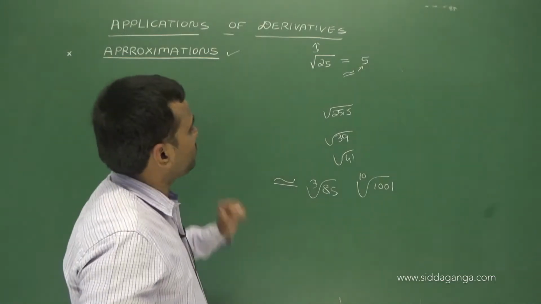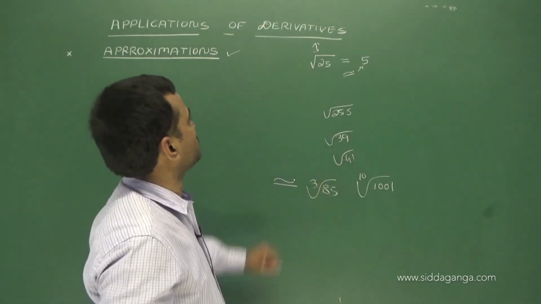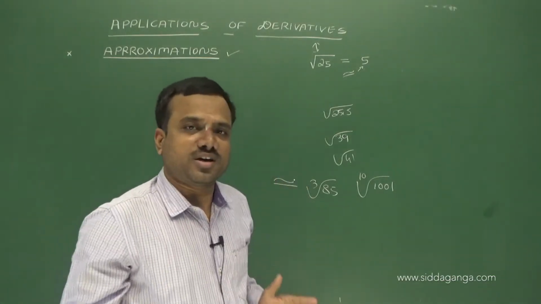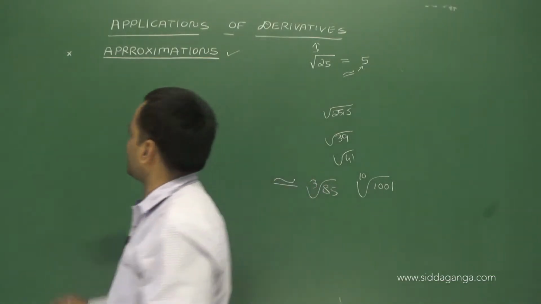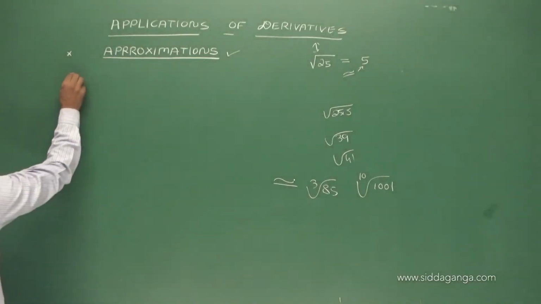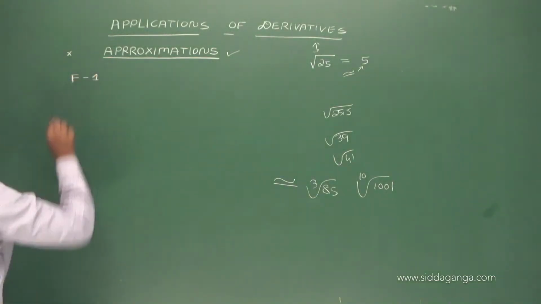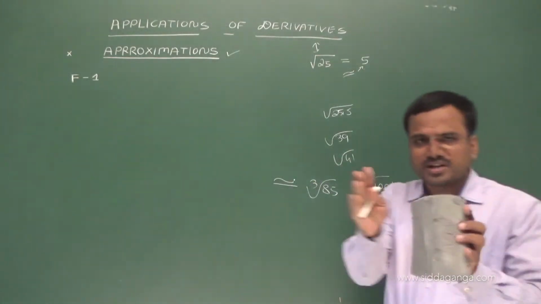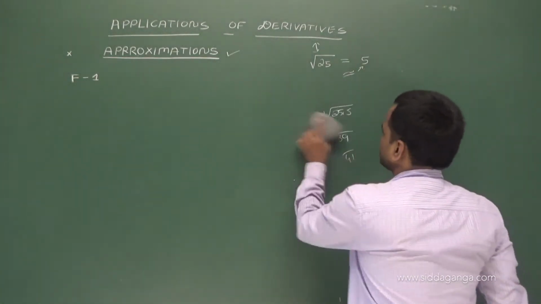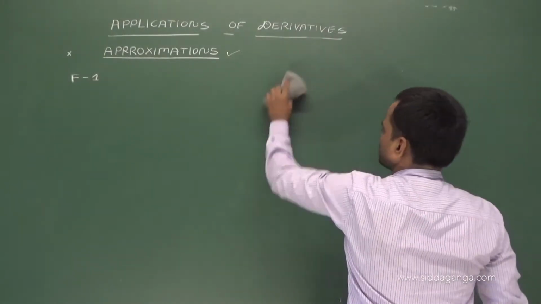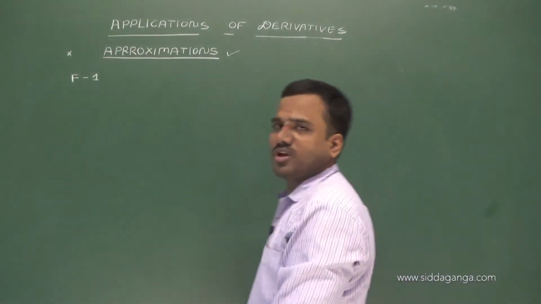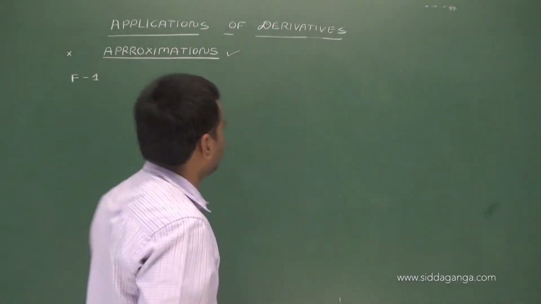Then how do we find all these values using derivatives? Three formulas are there. One by one we will see them. Formula 1. Remember, I split this into three concepts and each concept I call a formula. Better you remember this one.